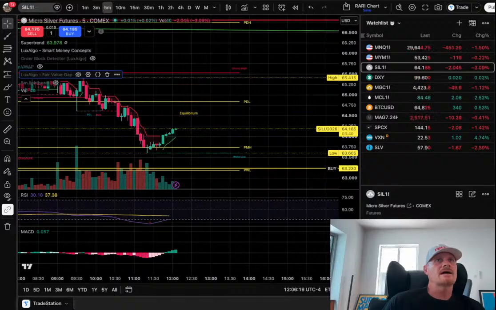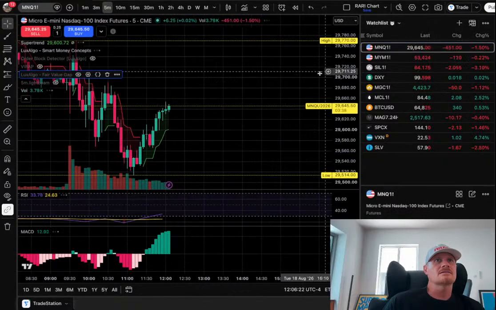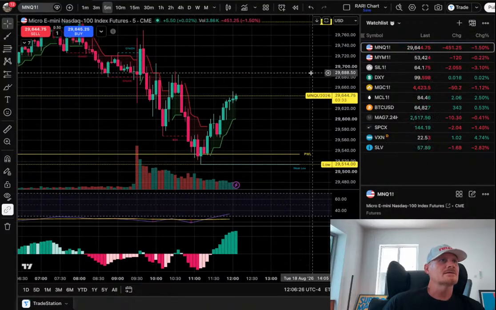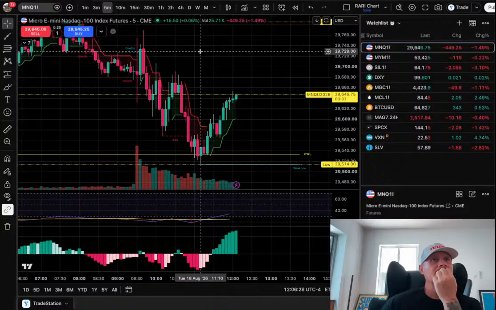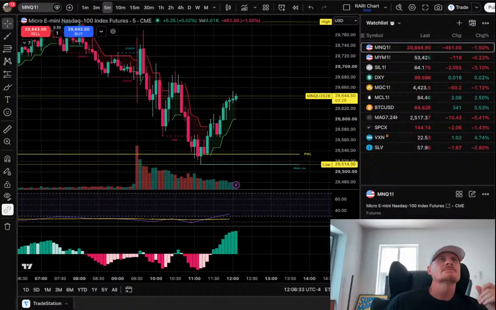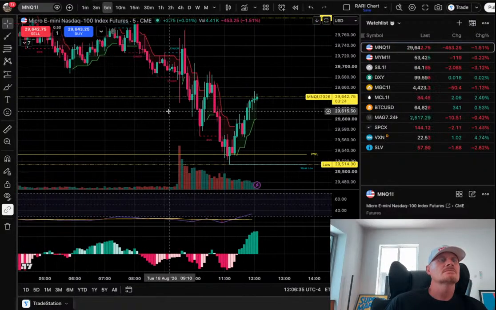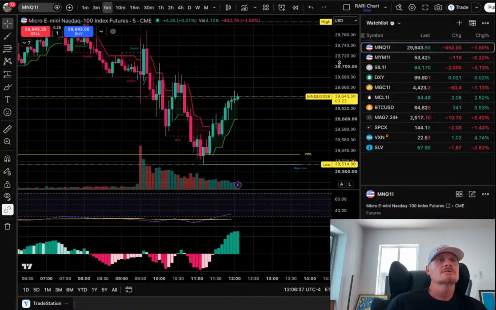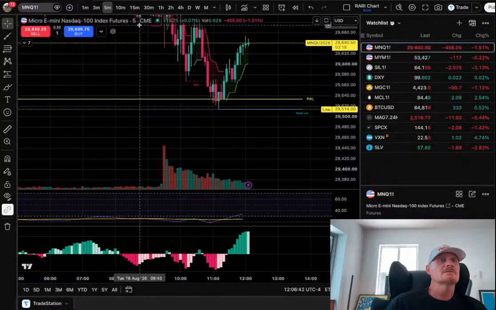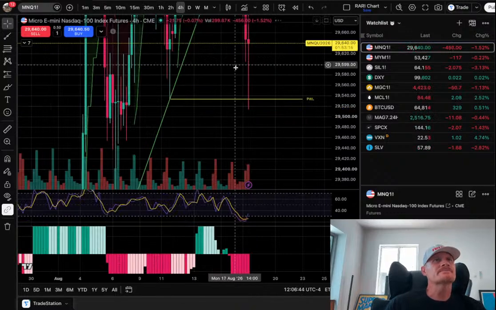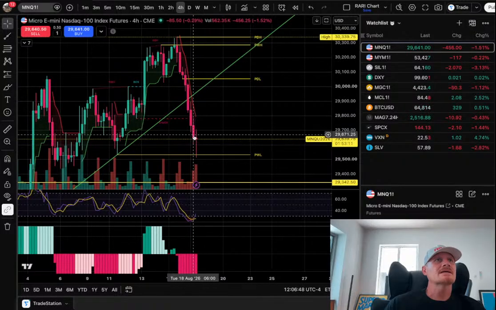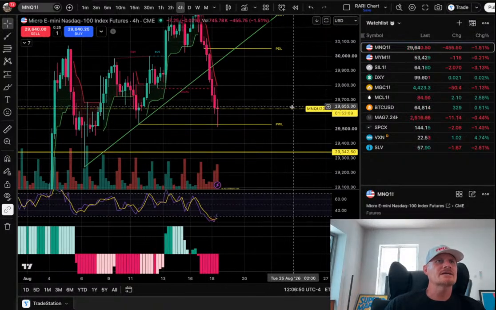I have a feeling you bought MNQ down here, probably, or I don't know what you're trading. Have you traded anything today? The previous week low here looks like a good bounce, but it's a nice thick skinny red candle there.